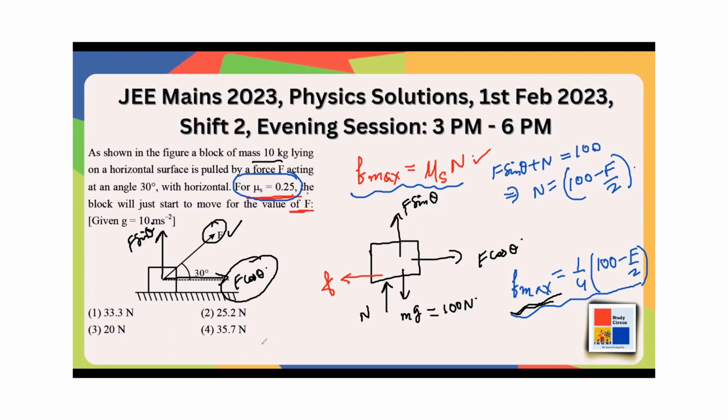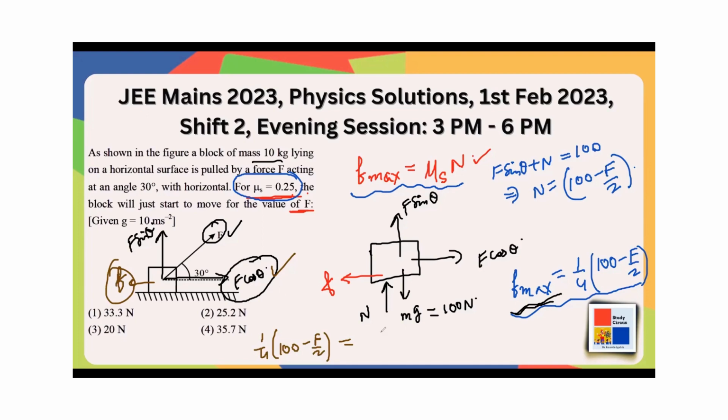So in the limiting case, okay, when it just starts moving, I can say the friction force is maximum value, that is 1 by 4 times 100 minus F upon 2 is equal to F cos theta, right? The friction force is in this direction. F cos theta has to at least overcome this friction force, okay?